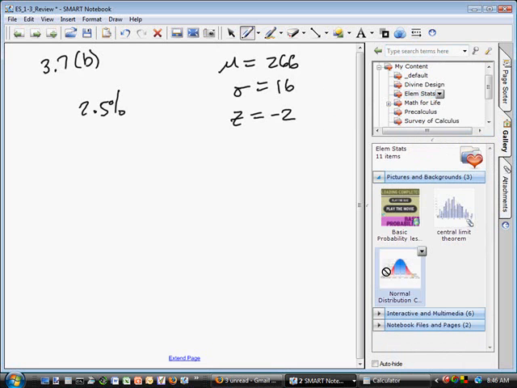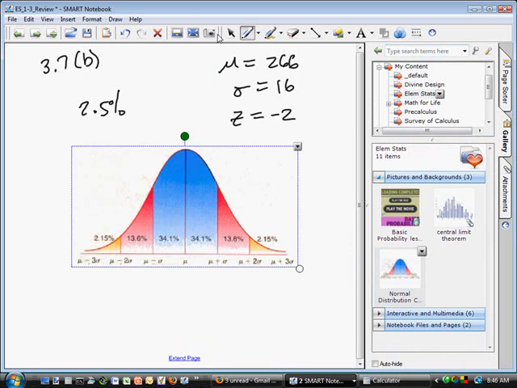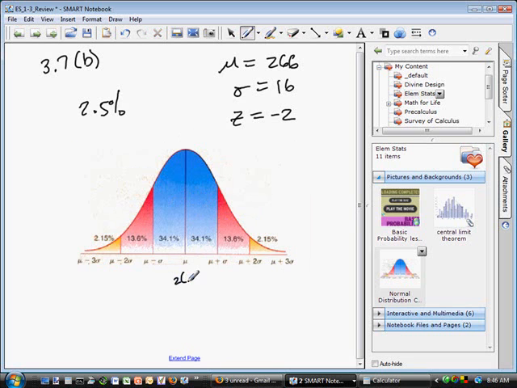I want to pull one of these out. Percentage-wise, the blue is 68%, and between here and here, that's 95%. The numbers, though, you seem to be mixing up. This is the mean, 266.